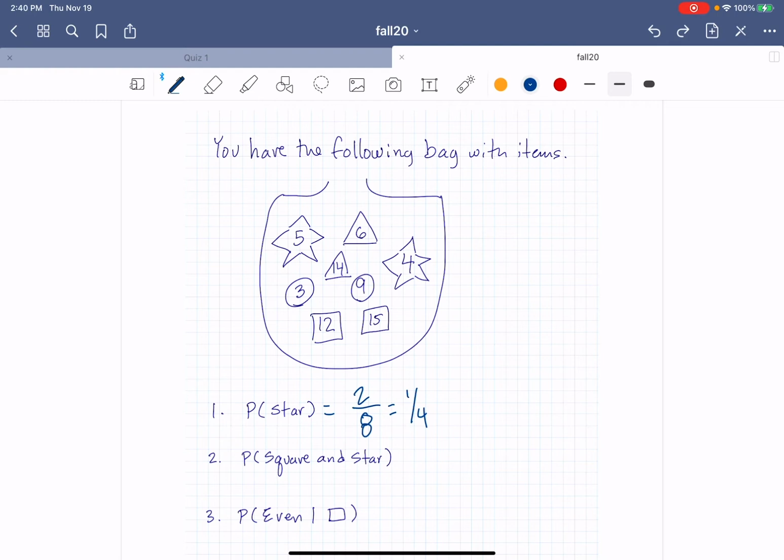The event is a certain property of what you are observing. So when you put your hand in there, the property that you're trying to choose in the bag is a square and a star at the same time. One item. And out of 8, there isn't a star inside of a box.